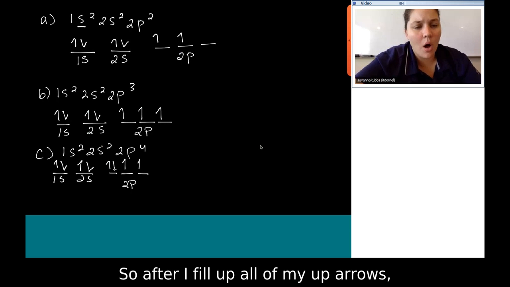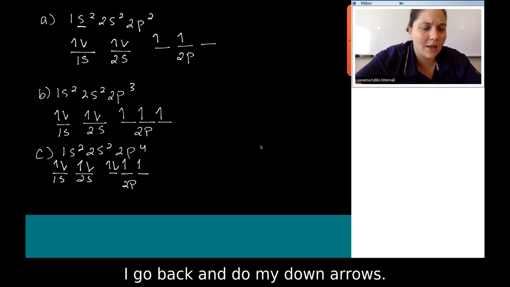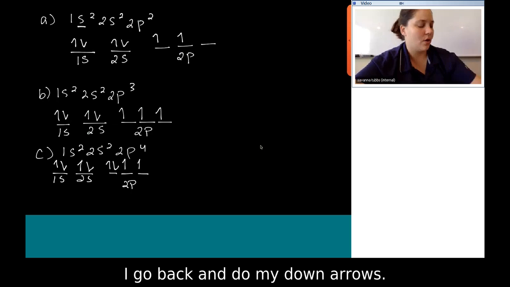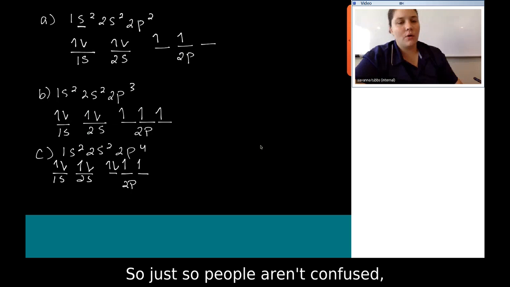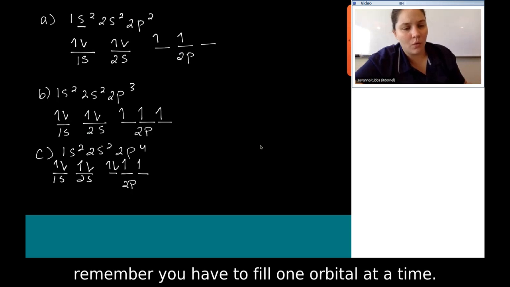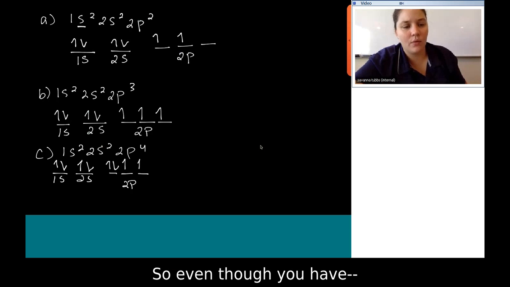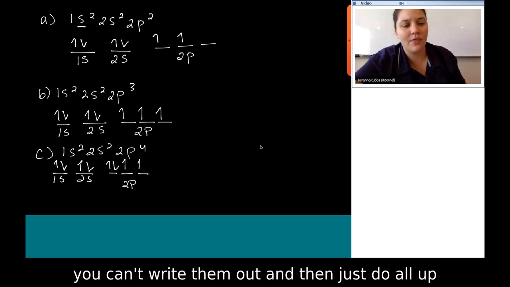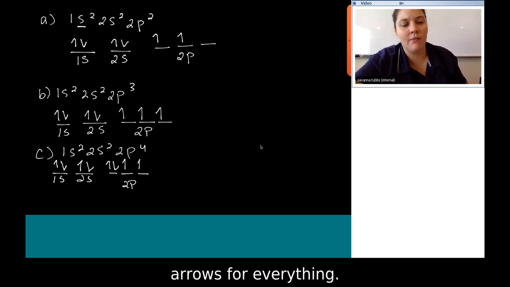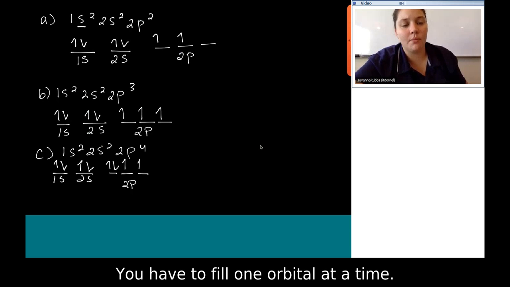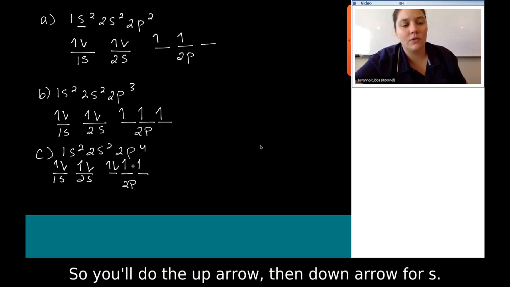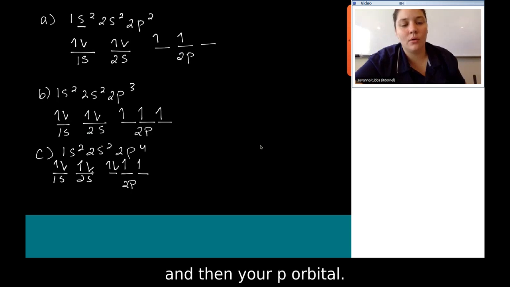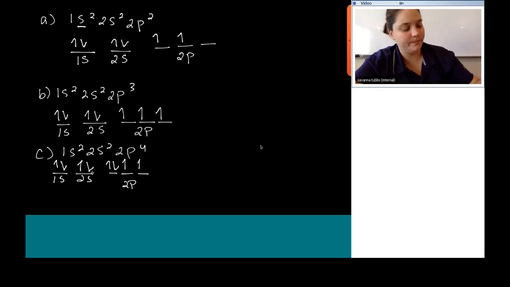So after I fill up all of my up arrows, I go back and do my down arrows. So just so people aren't confused, remember you have to fill one orbital at a time. You can't write them out and then just do all up arrows for everything. You have to fill one orbital at a time. So you'll do the up arrow, then down arrow for S, then your other S orbital, and then your P orbital.